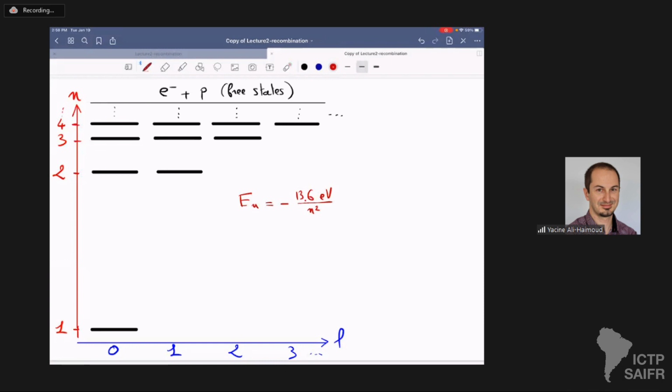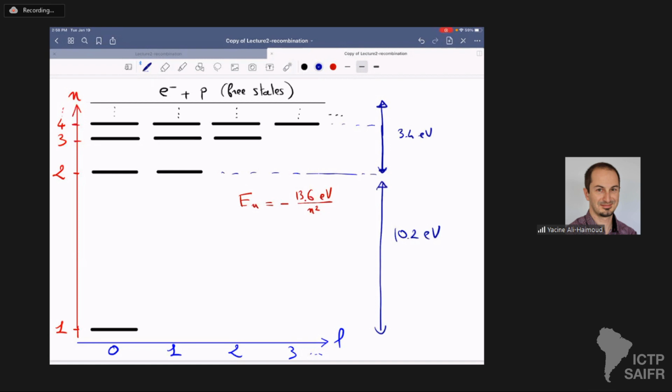Now, the energy states here, just to be clear, n equal 2 will have a special role. Between n equal 2 and the continuum, i.e. ionized hydrogen, here we have 3.4 electron volts, and here we have 10.2 electron volts.